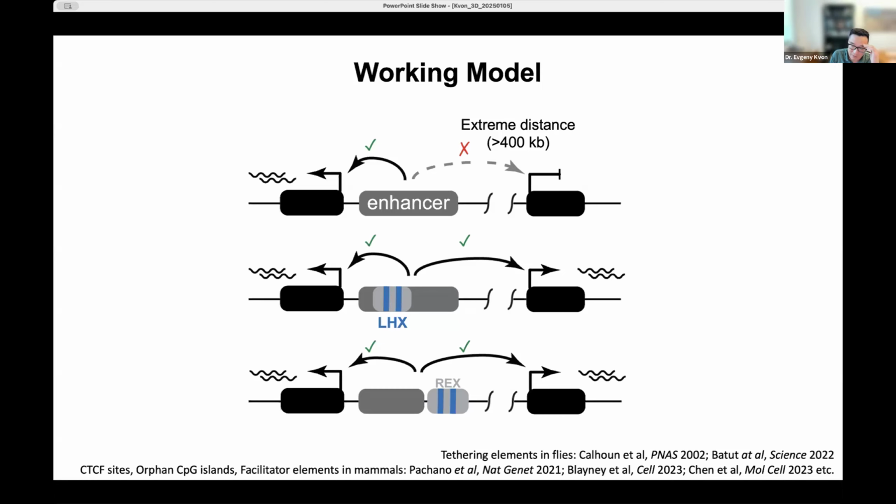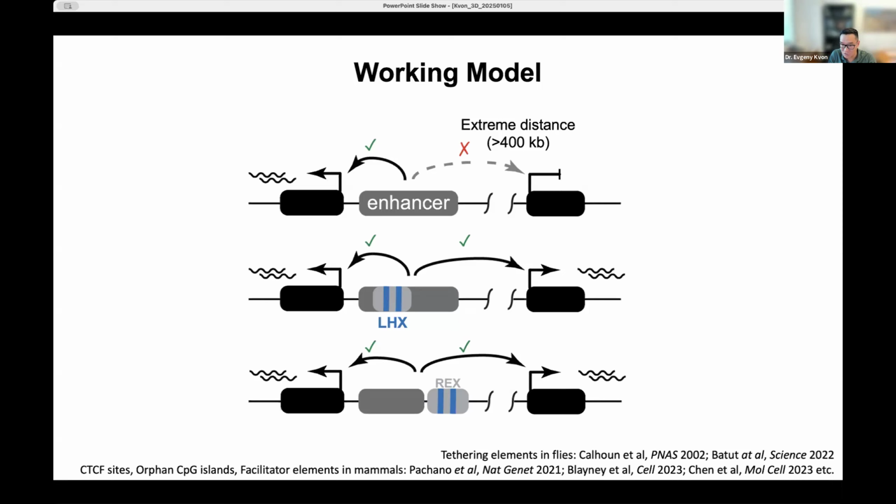So first of all, I think it explains the conundrum in the field where people move enhancers further away from the genes, and then the expression drops exponentially. And at the same time, if you look at long-range developmental enhancers, they don't seem to care.